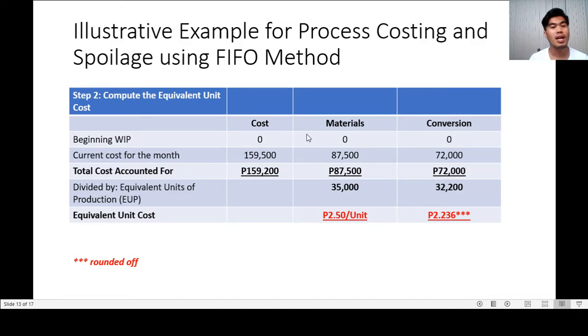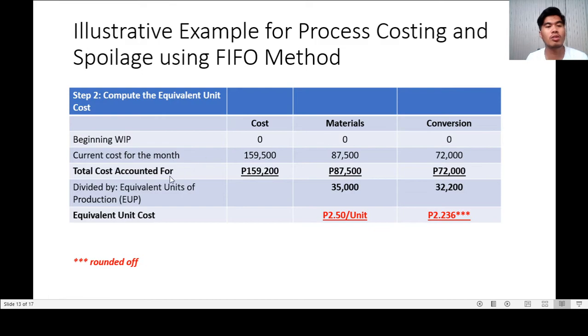Wala. Bakit wala? Kasi nga, natapos na siya, as if natapos na siya. FIFO, wala ka. Tapos, ito, current cost for the month, we have 87,500 and the conversion is 72,000 pesos.